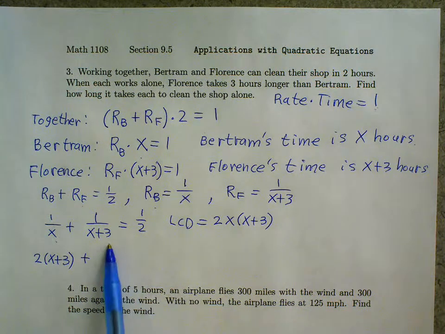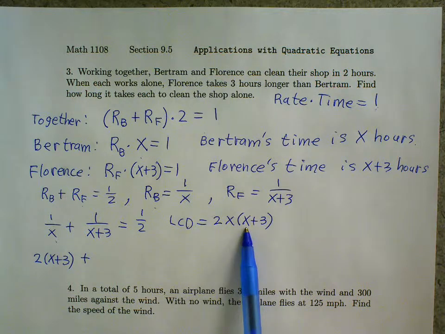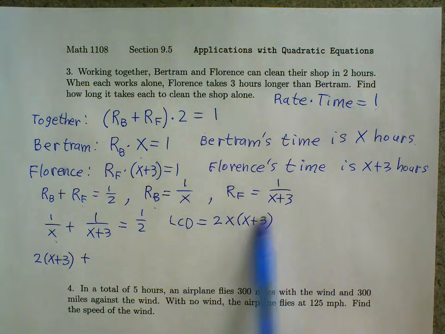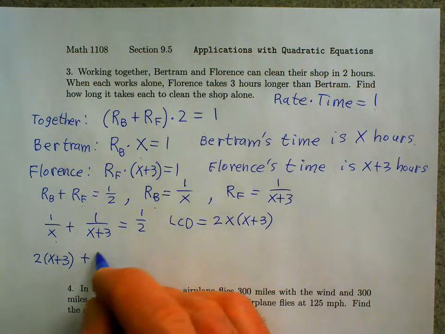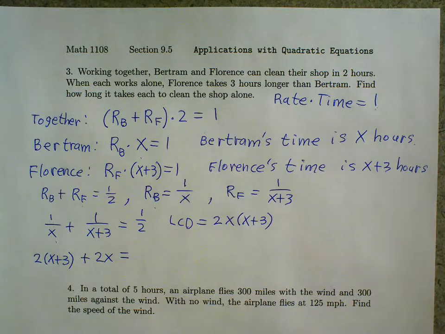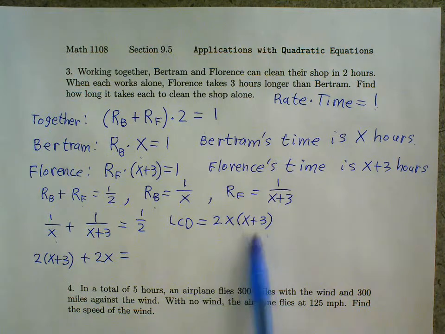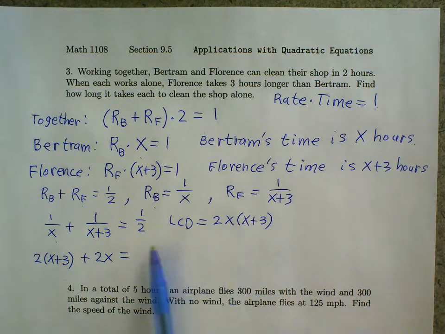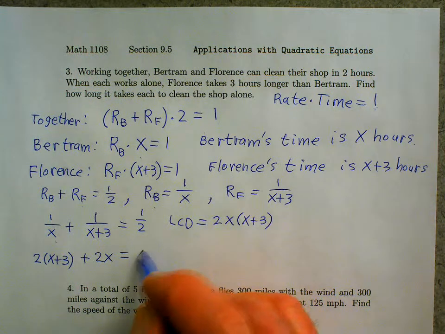When we multiply 1/(X plus 3) times 2 times X times the binomial X plus 3, the X plus 3 factors cancel, so we're just left with plus 2X. And on the right-hand side, multiply 1/2 times 2 times X times X plus 3. The 2's cancel. We're left with X times X plus 3.